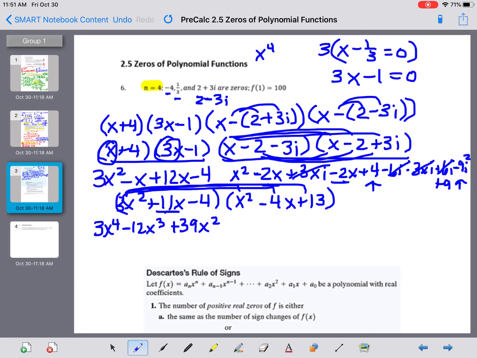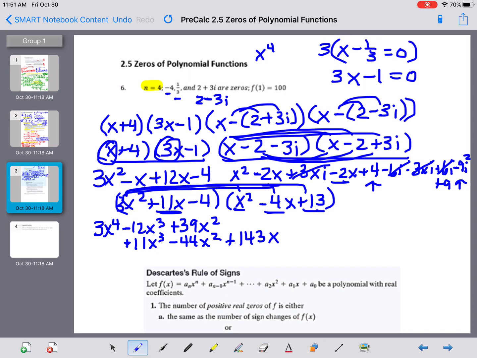Next two. 11x and x squared is 11x cubed. I'm going to put it right underneath the other one I already have for like terms. 11x times negative 4x is negative 44x squared. Again, I'm going to put it underneath there. And then 11x times 13 is going to make a positive 143x, and there's no x right now, so that one's going to hang out.